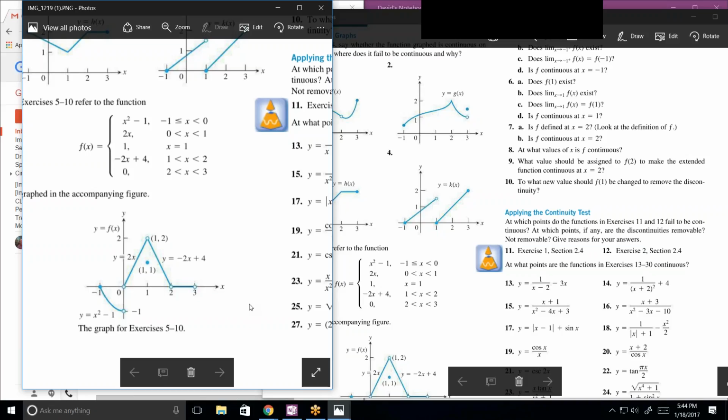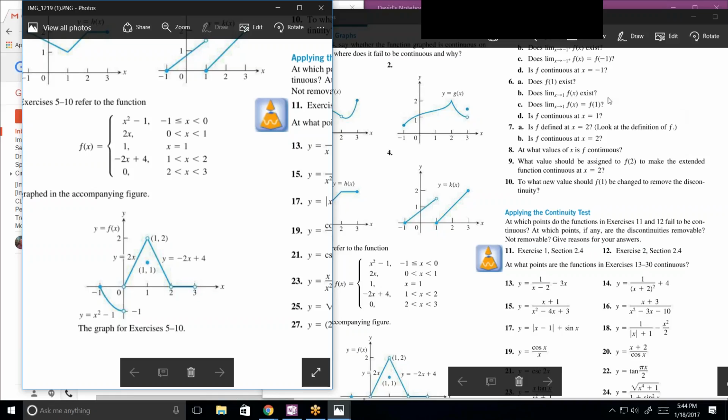If you look at the graph, when x is 1, f of 1 is 1. It's this dot right there. So now I see. f of 1 exists, but it's not 2. It's 1. Now I see my error.